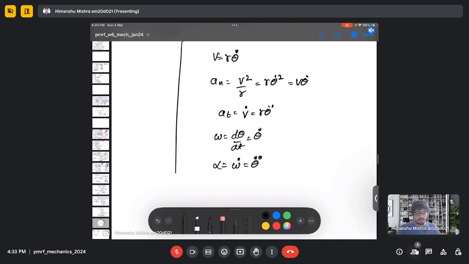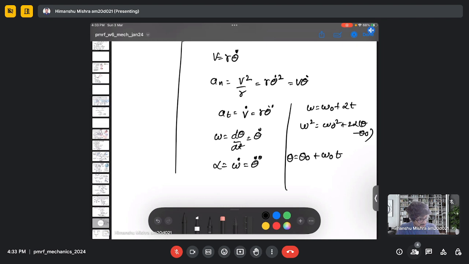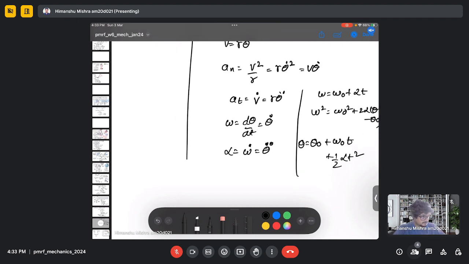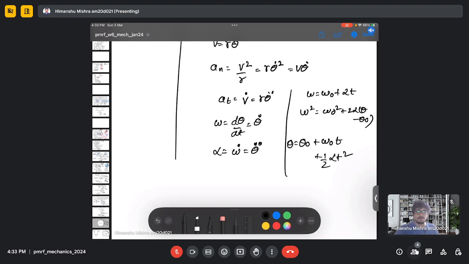Now I can write the kinematics equations: omega equals omega naught plus alpha t, omega squared equals omega naught squared plus 2 alpha (theta minus theta naught), and theta equals theta naught plus omega naught t plus 1/2 alpha t squared. So these are the expressions that we actually saw in the previous class.